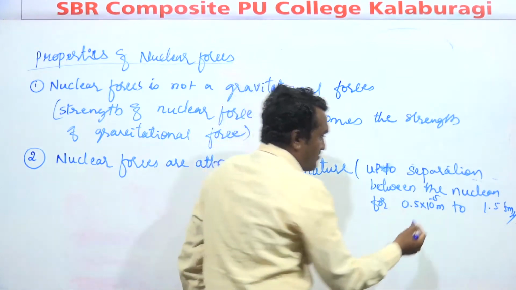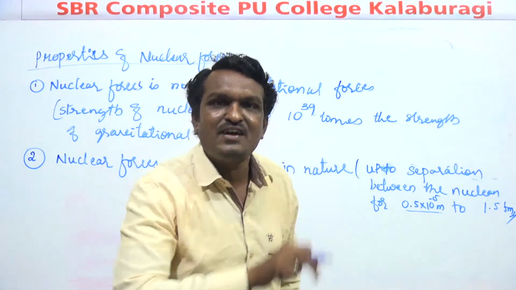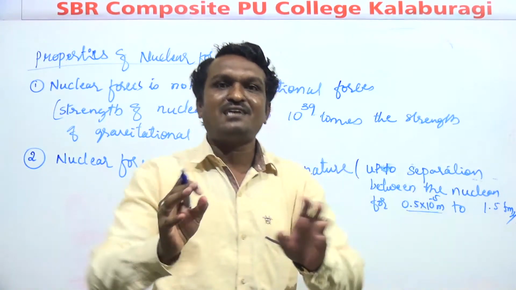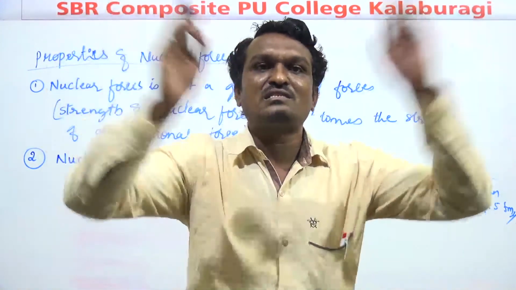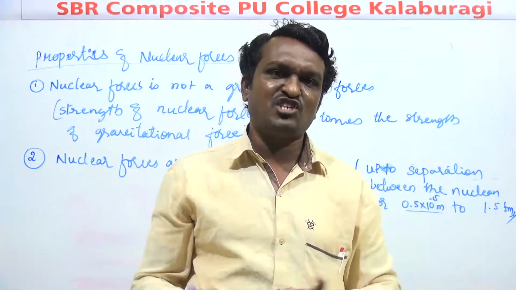If the separation between the nucleons is less than 0.5 Fermi, instead of attraction, the nucleons start repelling. Why do they repel? Because of their potential energy.